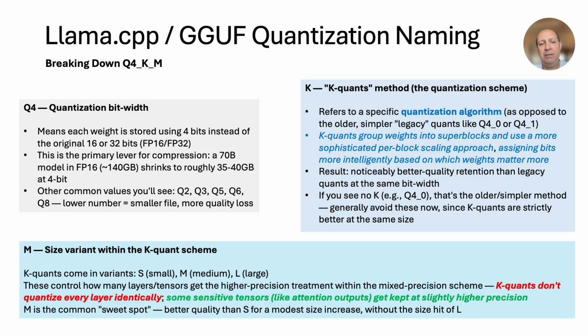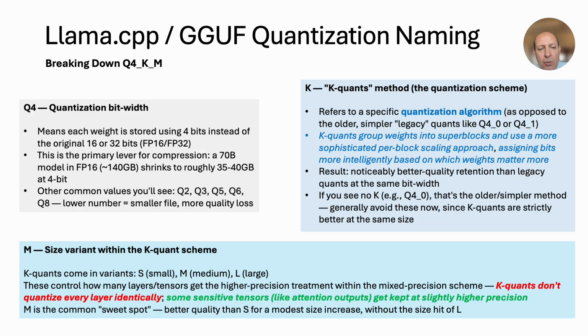Llama C++, known as Llama CPP, uses the GGUF quantization naming scheme and uses the symbol Q for quantization, K for the quantization method, and M for the size. Let us decode the naming convention used in GGUF so that we understand what the Q means, what the K means, and what the M means.